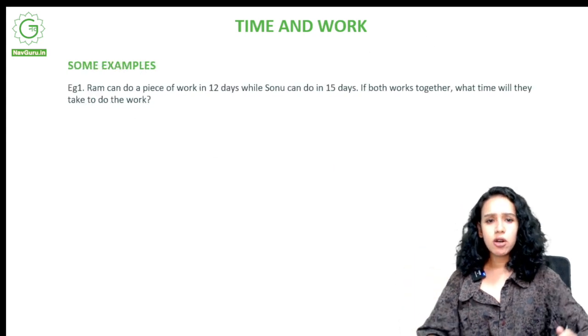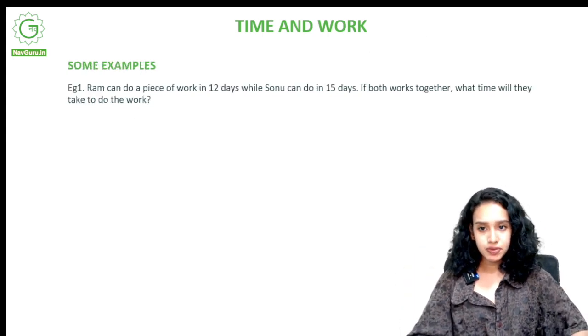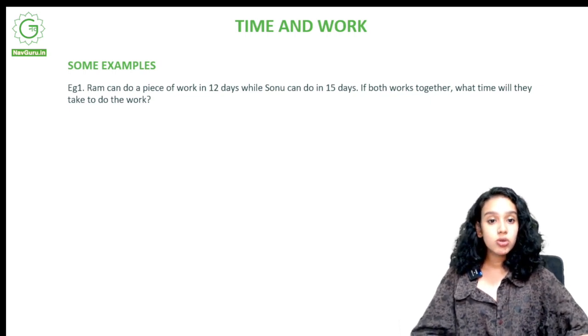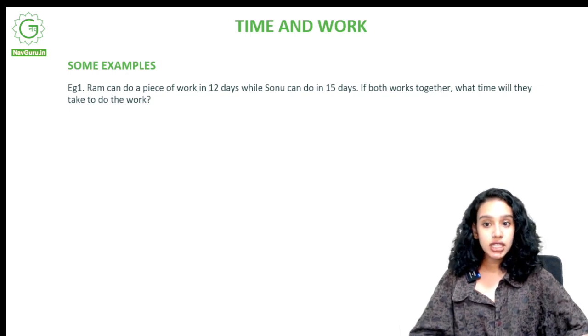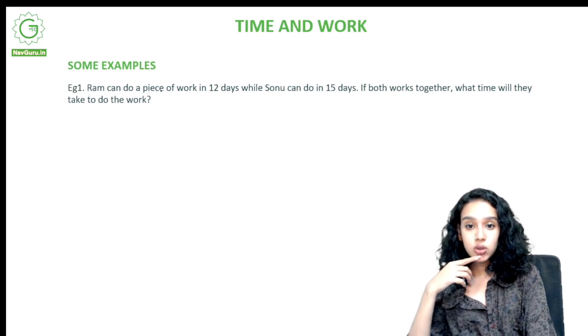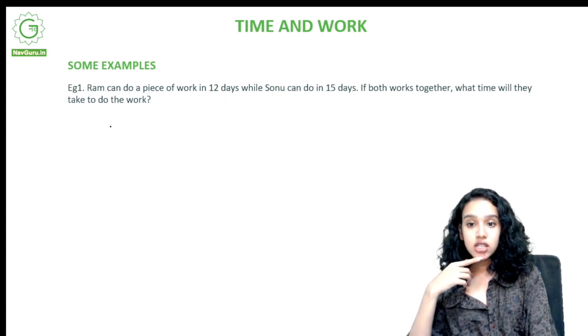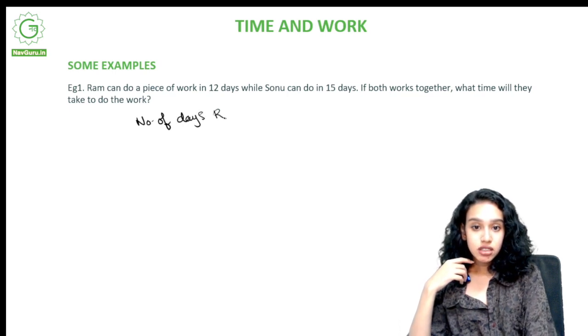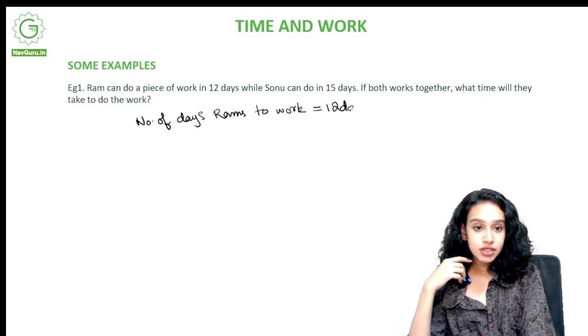Now, let's solve some examples of this chapter. Ram can do a piece of work in 12 days while Sonu can do it in 15 days. If both work together, what time will they take to do the work? So first of all, Ram can do a piece of work in 12 days. So the number of days which Ram takes to work is equal to 12 days, right?